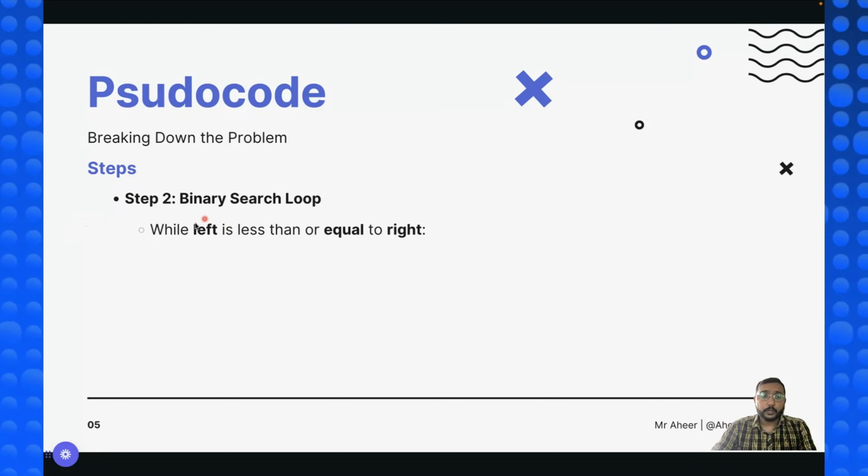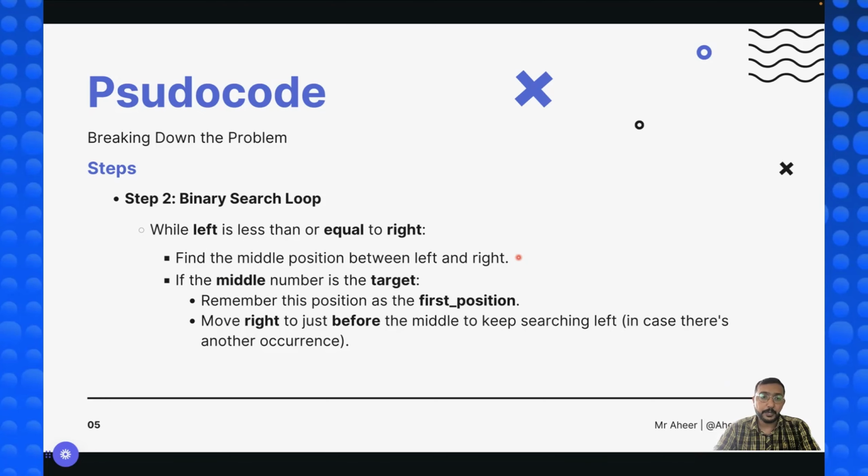So keep looking while left is less than or equal to right, then find the midpoint. Once we find the midpoint, we check whether the middle number is equal to the target. If this is matched, we update our first occurrence, and then we move our right pointer to just before the middle to keep searching for another occurrence.